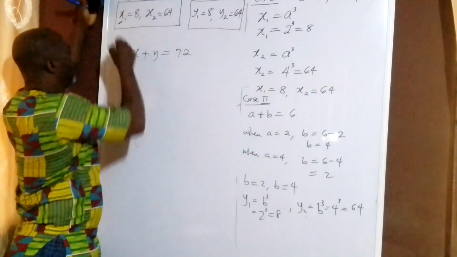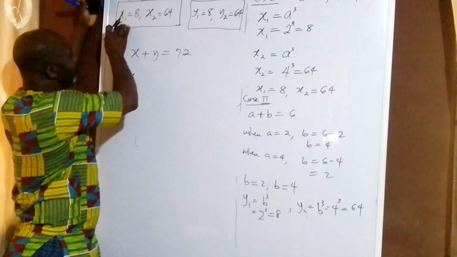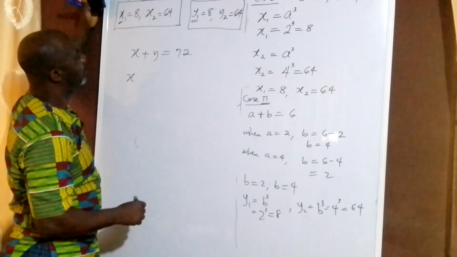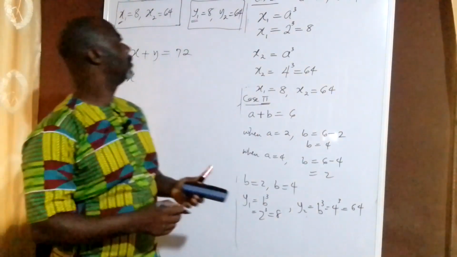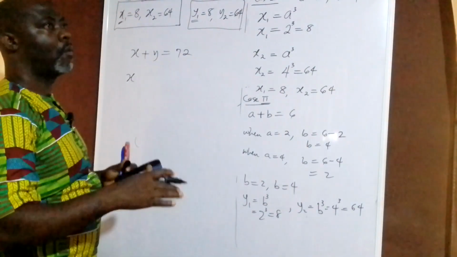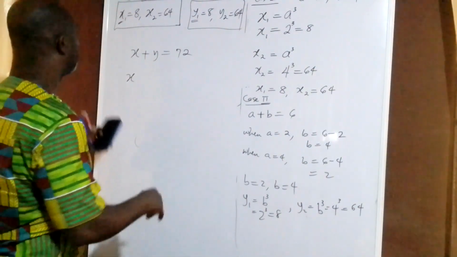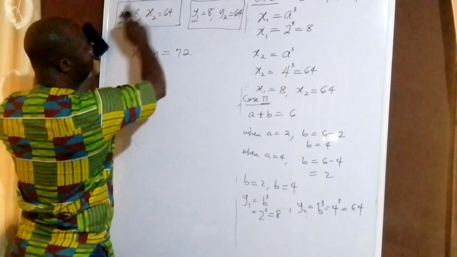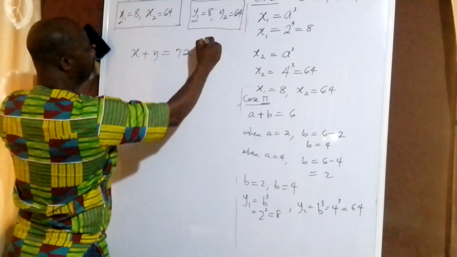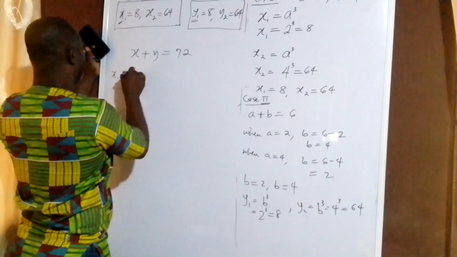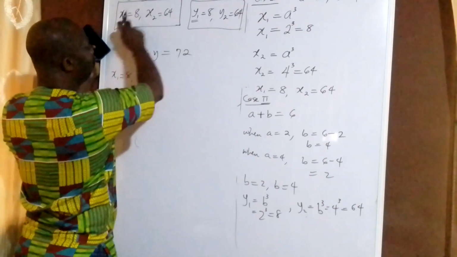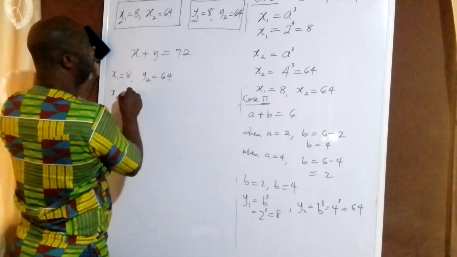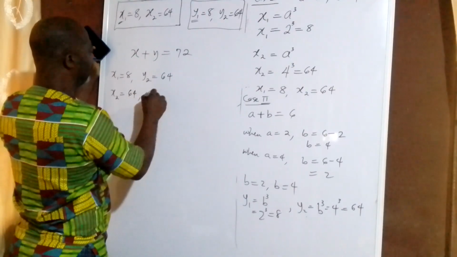So we pick x1 and y2. x1 will combine with y2, and then x2 will combine with y1.